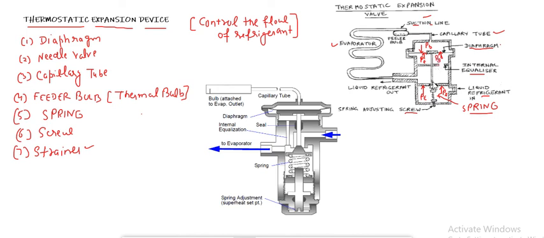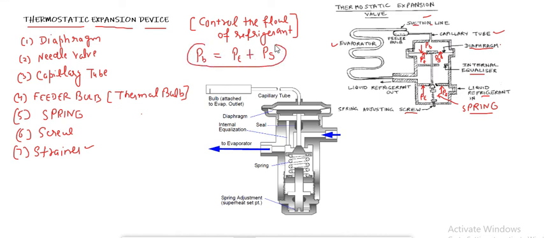So PB is acting in the vertically downward direction, and PE as well as PS, the spring pressure, are working in the upward direction. They must be in equilibrium with each other. It means that PB will always be equal to PE plus PS.